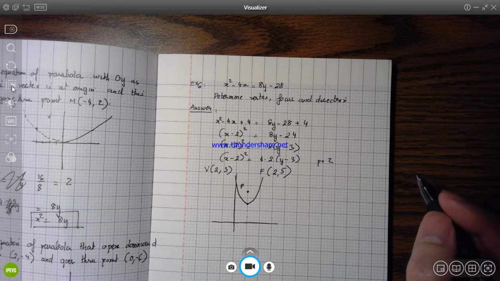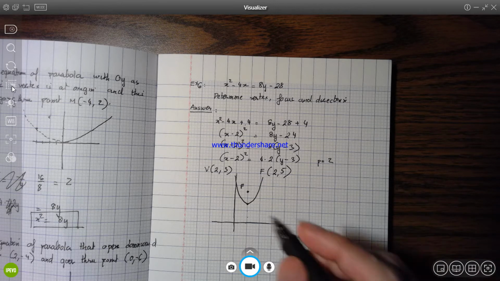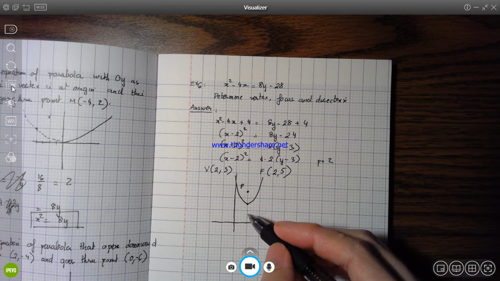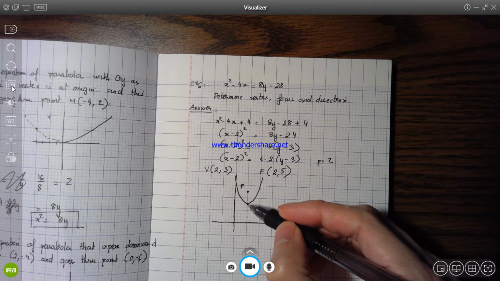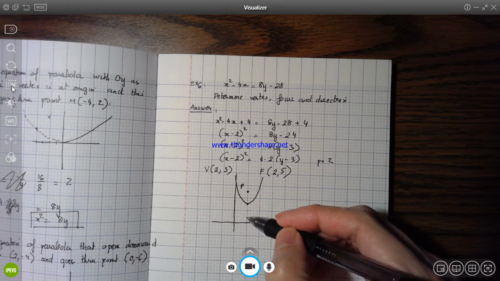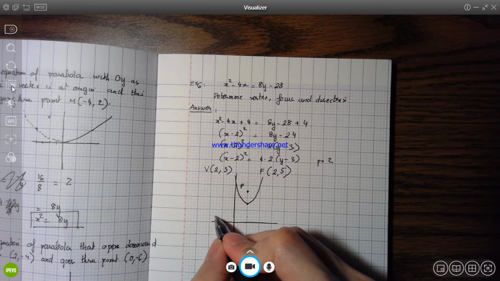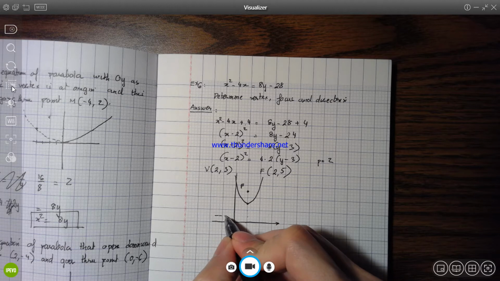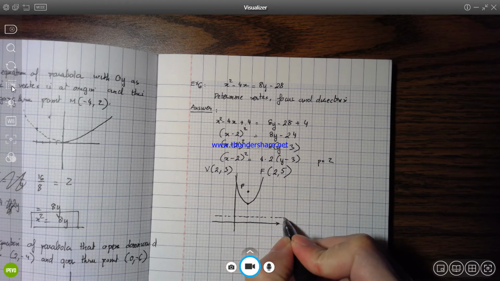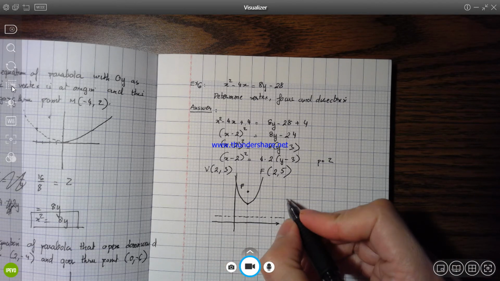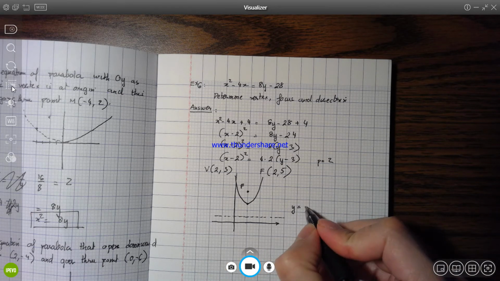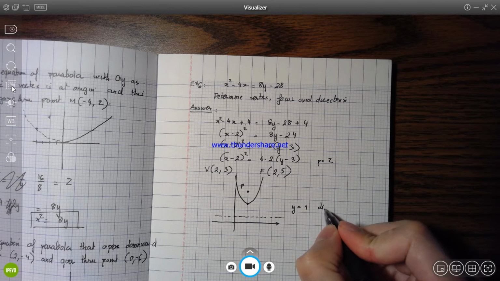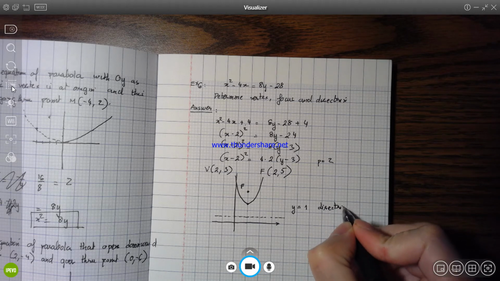And the directrix will be down over here, because the distance between the vertex and the focus is the same as the distance between the vertex and the directrix. So the directrix is right here. It means the directrix has the equation y equals 1.